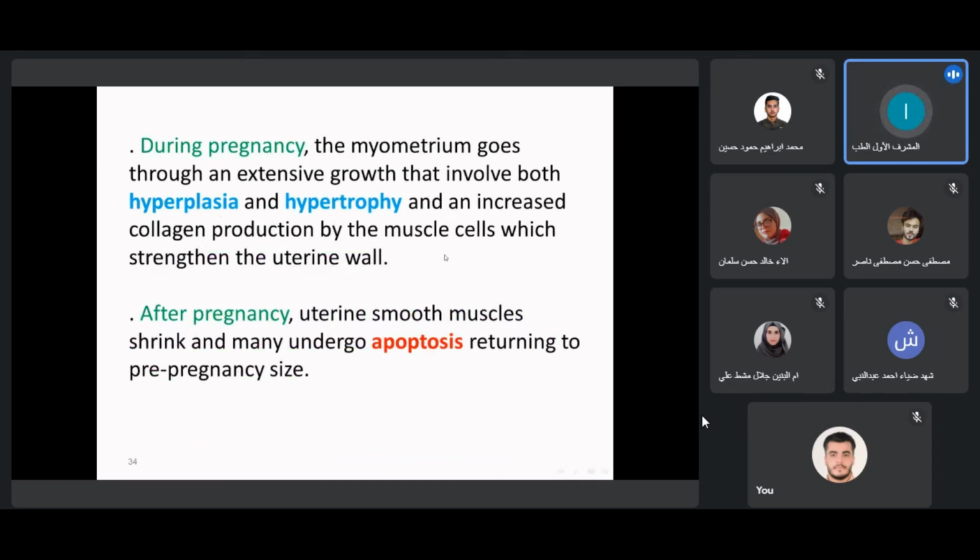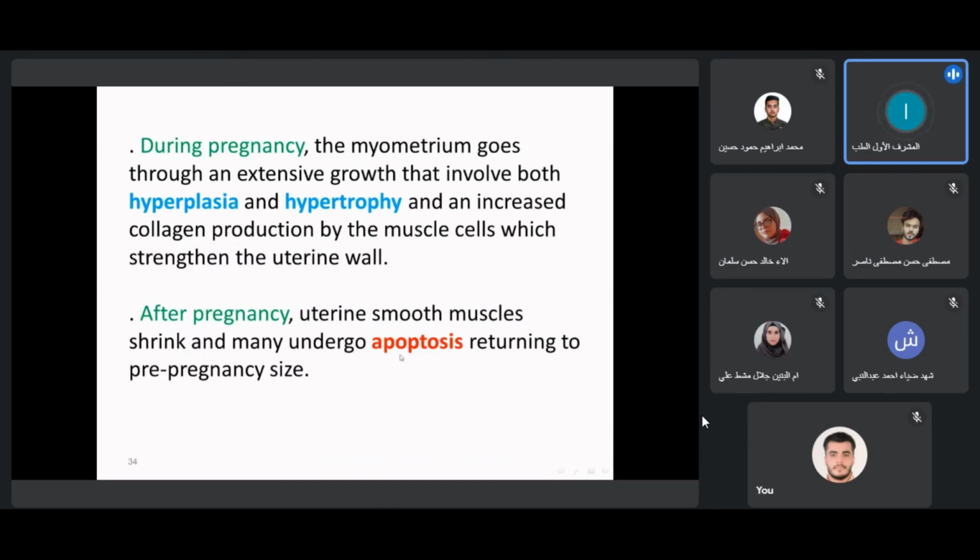During pregnancy, the extensive growth of the myometrium, the smooth muscle layer, is a combination of hyperplasia, hypertrophy, and increased collagen production. It provides strength to the uterine wall, and after pregnancy, these muscles will shrink and break down by apoptosis.